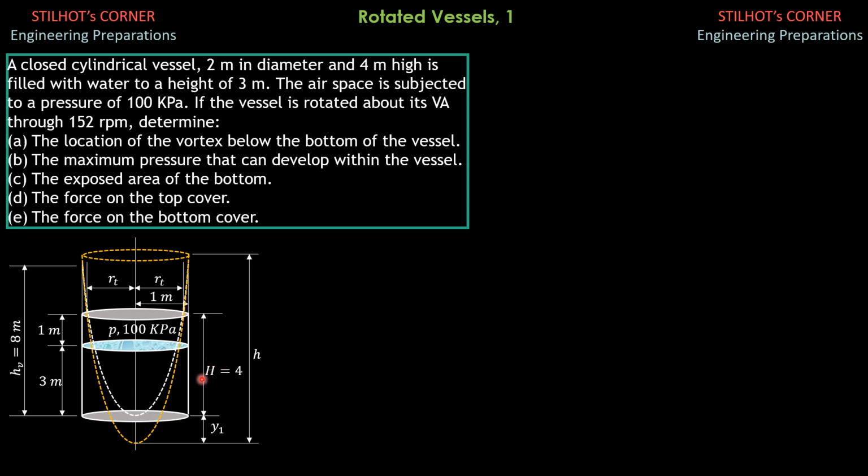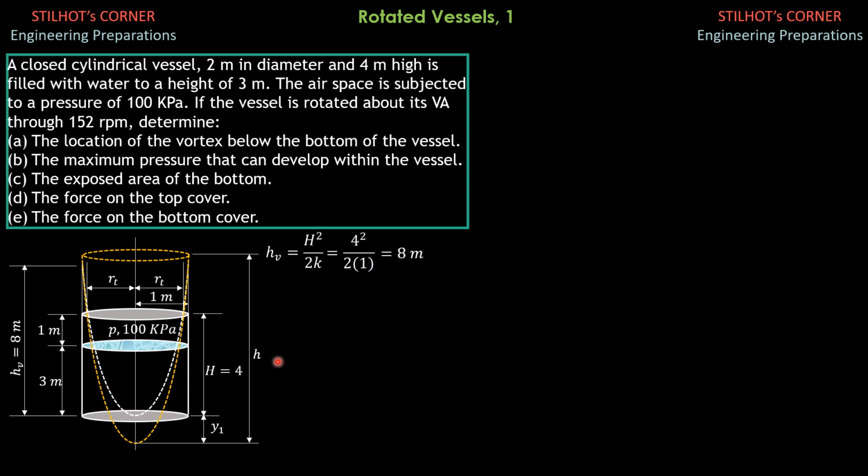H_v equals H squared over 2k, where k is the empty depth of the right circular cylinder, which is 1. So 4 squared over 2 times 1.